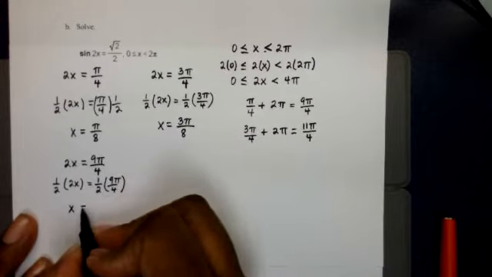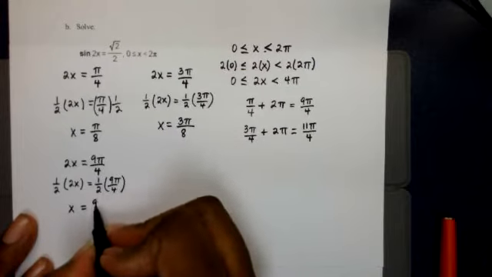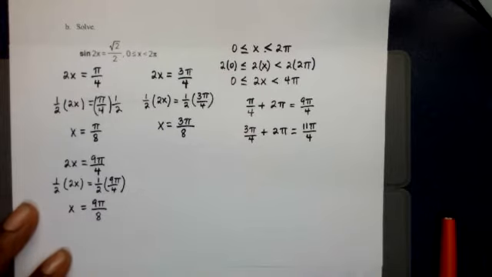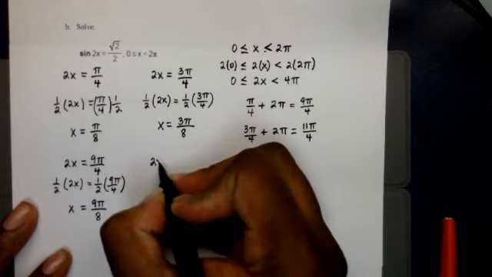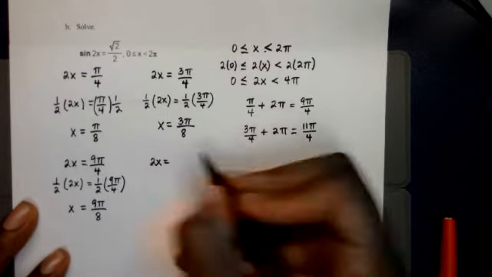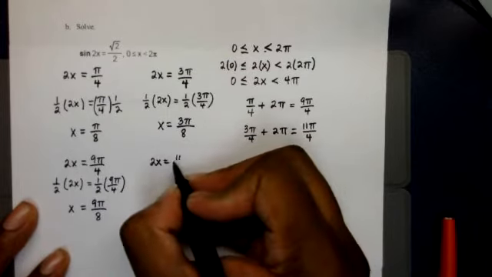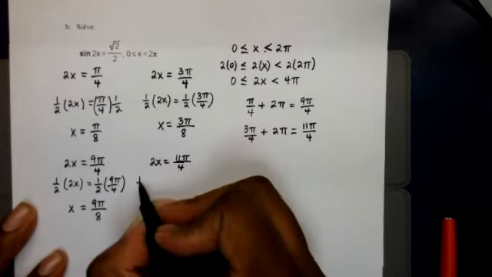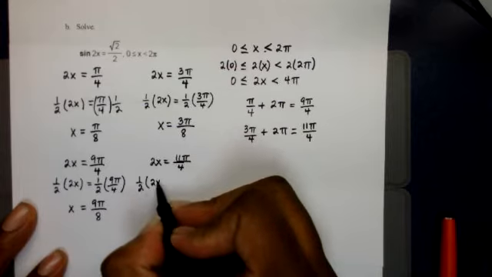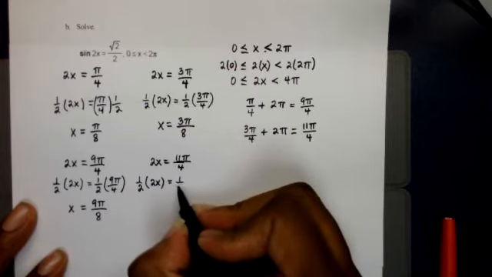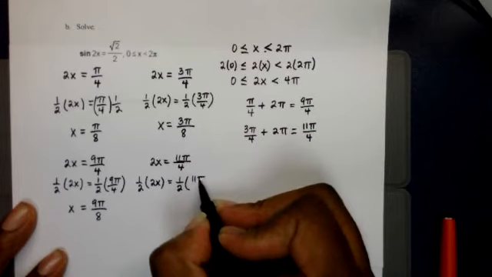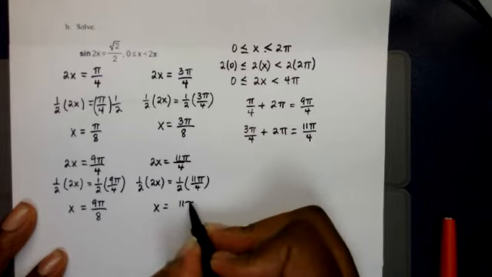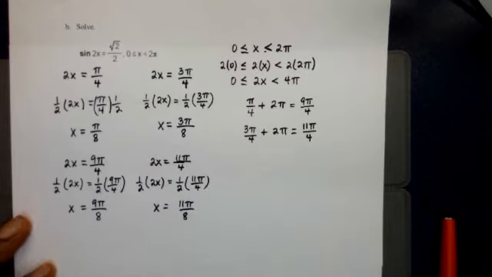And that's going to be x is equal to 9 pi over 8. And then for 2x is equal to, what's the other one, 11 pi over 4? We multiply both sides by 1/2. So that means x is equal to 11 pi over 8.